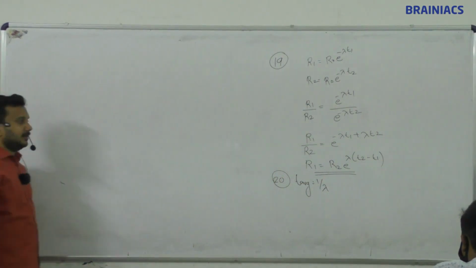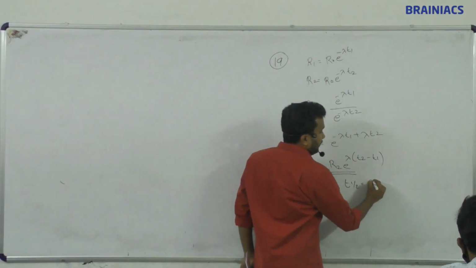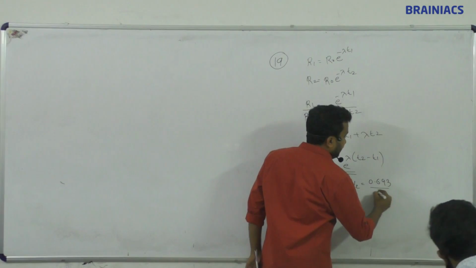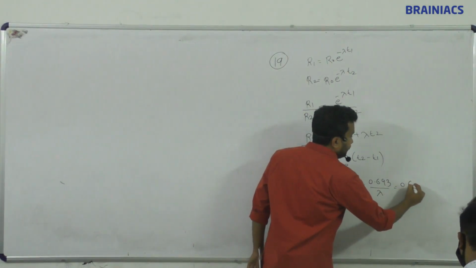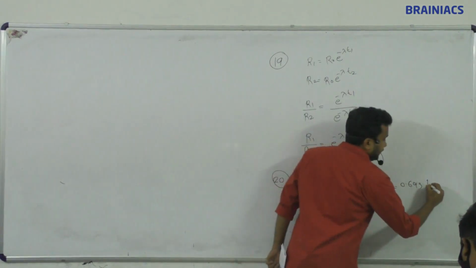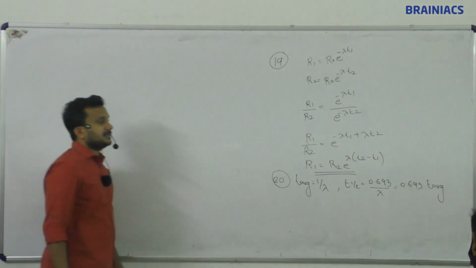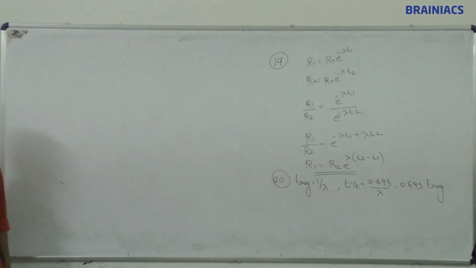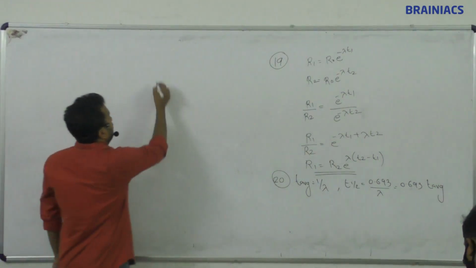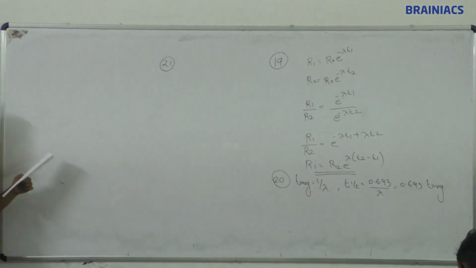So what is T half-life? 0.693 divided by lambda. What is 1 by lambda? T average. So T half-life is equal to 0.693 into T average. Answer is C.